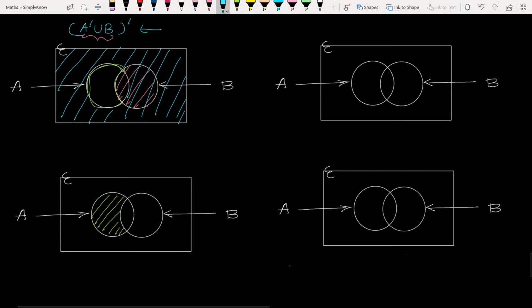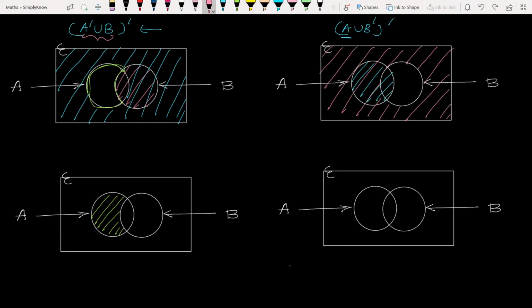Okay, next, the complement of A union B complement. Again, the same way, let's do our little scrap work. We need to shade everything in A. Then we need to shade everything in B complement.